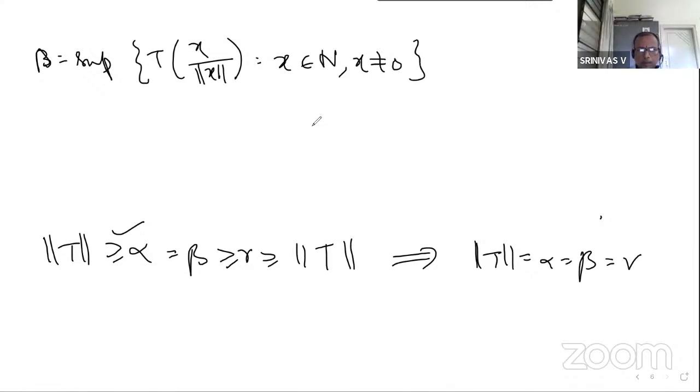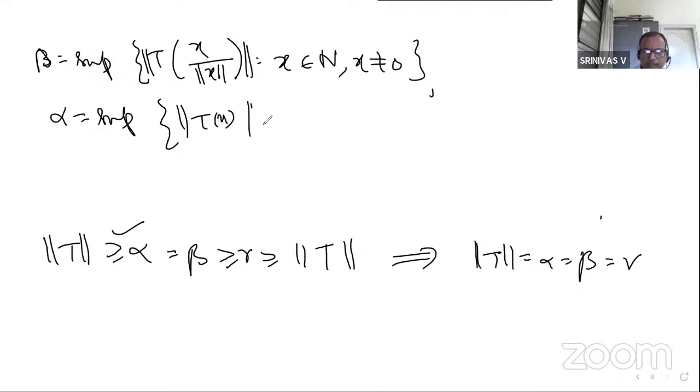And alpha is equal to the supremum of norm T of x such that x belongs to N and norm x is equal to 1. This is how we define them. We define beta to be this and alpha to be this.